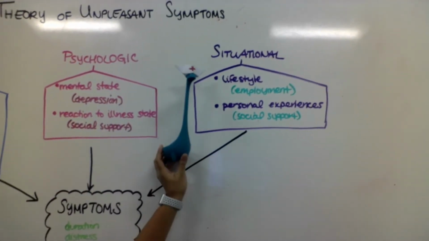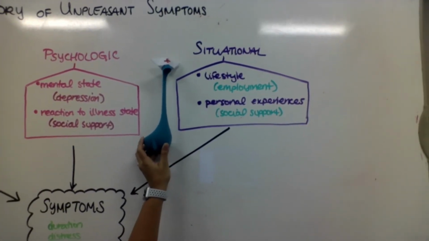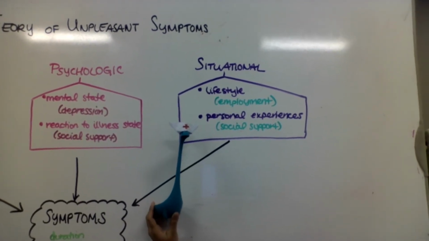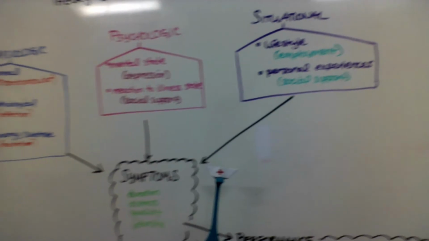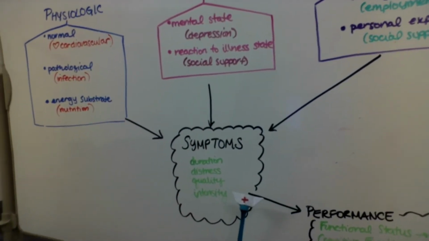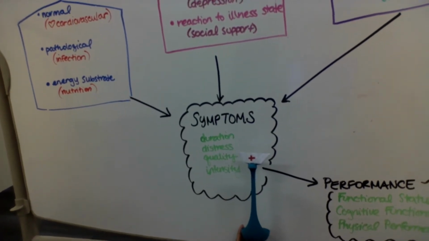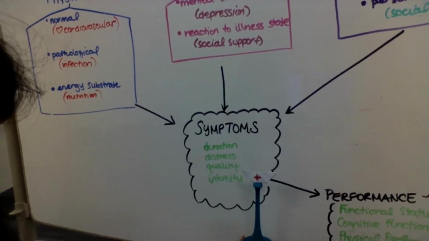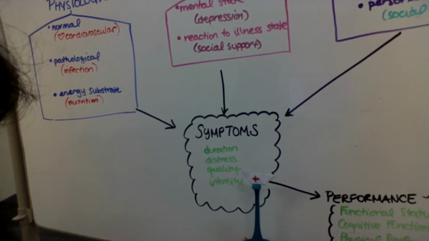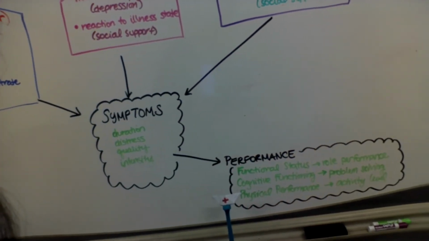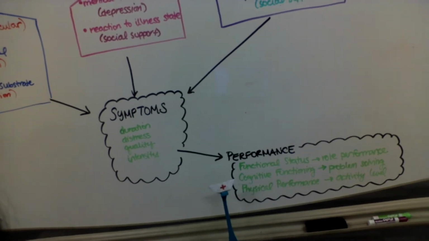And finally, number 3, situational factors such as your economic status or social support system. These factors all affect the duration, intensity, and quality of your symptoms along with the level of distress you experience. In turn, this affects your performance on both physical and mental levels.